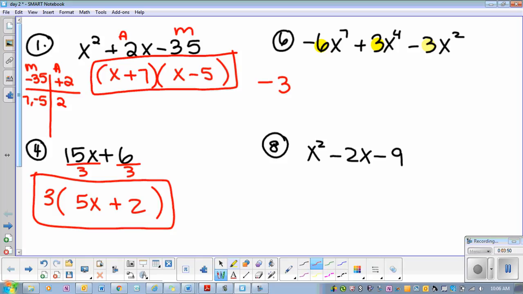Now, can I take out an X? Yeah, they all have an X. But which one is the smallest X? X squared. So the smallest one comes out. And then I have to open my parentheses. What do I do with that GCF? Divide it.